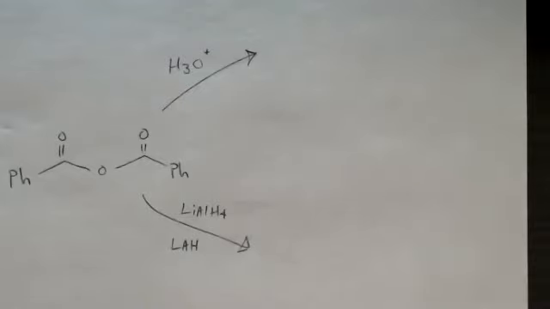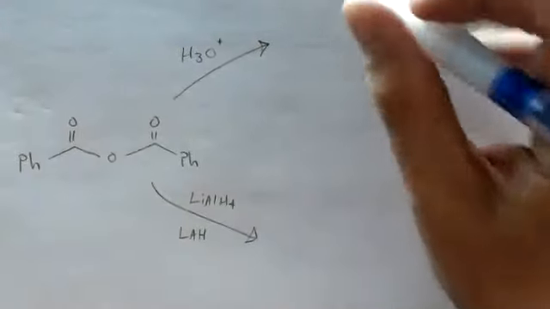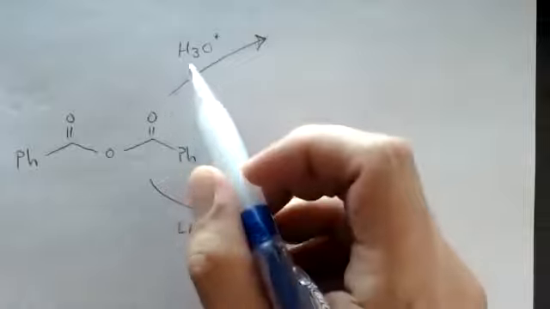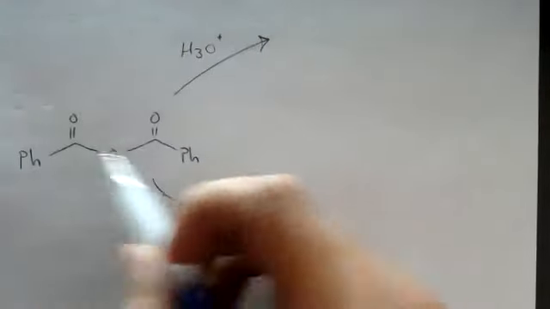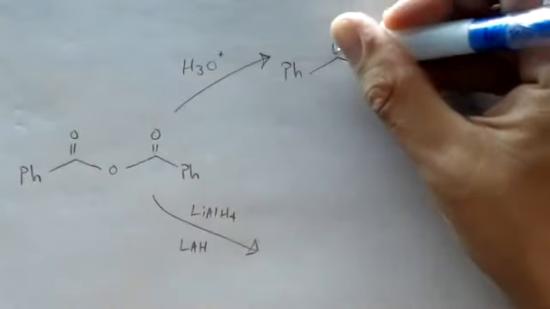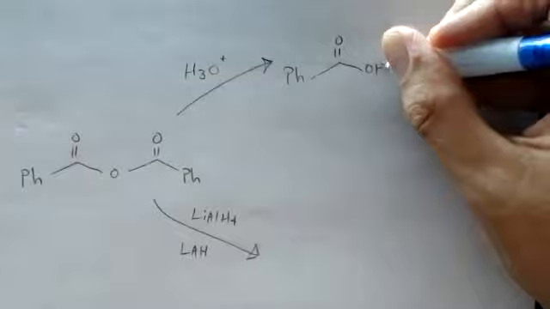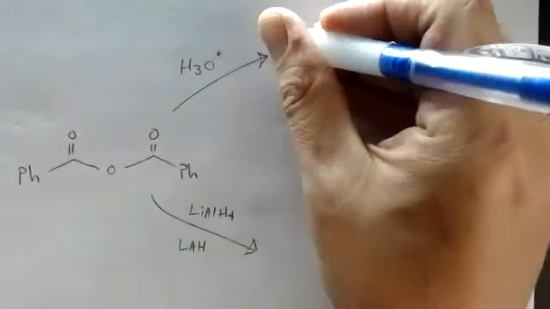Yeah, both sides will be a benzoic acid because it cleaves it, right? So basically you're going to get an OH on both sides here, and since both sides are the same, it'll be the same. Okay. So benzoic acid. Can we just put a 2 in front of that instead of drawing plus? You could.